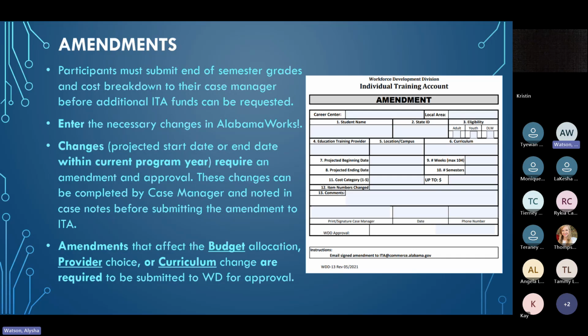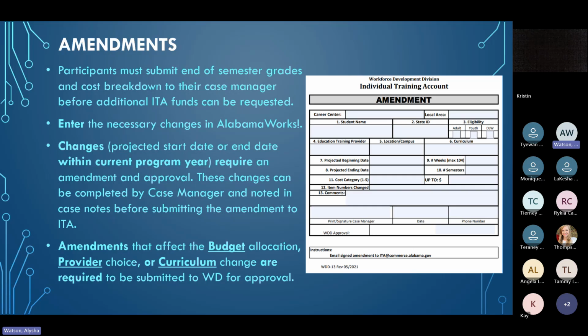or if the training program said they were starting on one day and then they're going to push it back another month, a month and a half. This form is going to be filled out and sent to the ITA email so that it can be updated in the system, and if that amendment will be approved. Changes to the projected start date or end date within the current year require an amendment and approval.